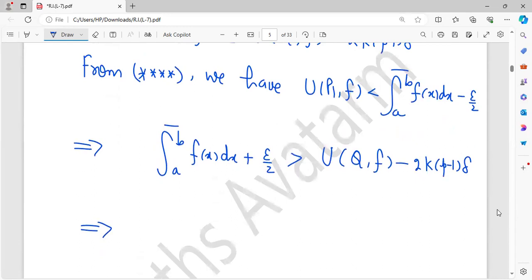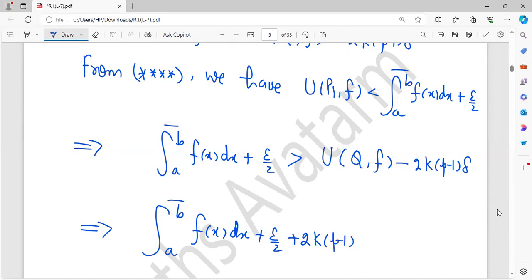Plus here, so bring this part here: epsilon by 2 plus 2k(p minus 1) delta.